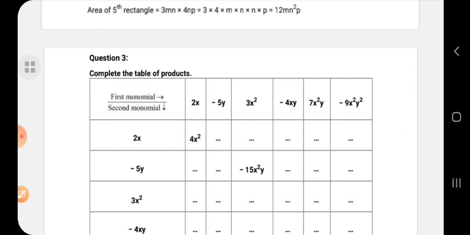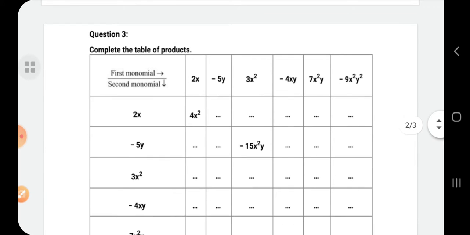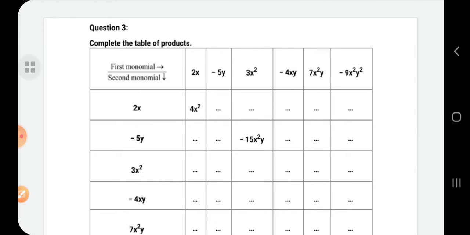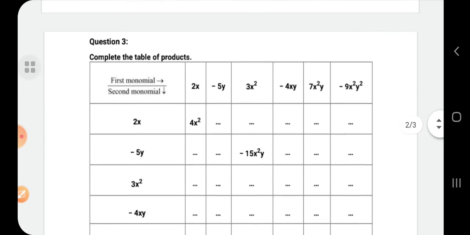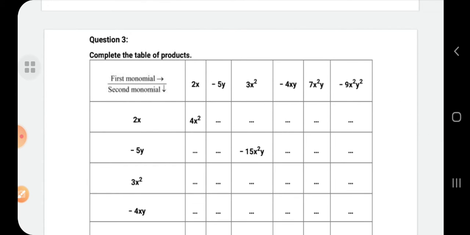Now again a question of products comes here. In question number 3, we have to complete the table of products. The table is given, we have to complete it. In the first one, 2x and 2x are multiplied to get 4x square. In the second one, going from left to right, the answer is minus 10xy. We have to just do the multiplication as we did in the above questions, and write the answers in the table.